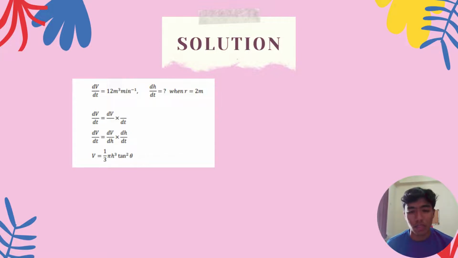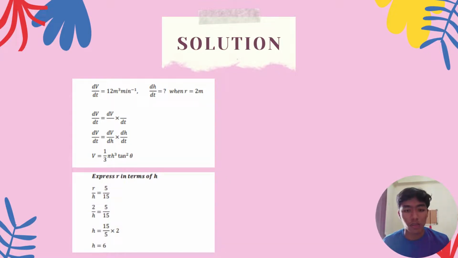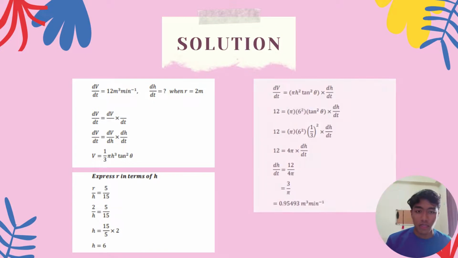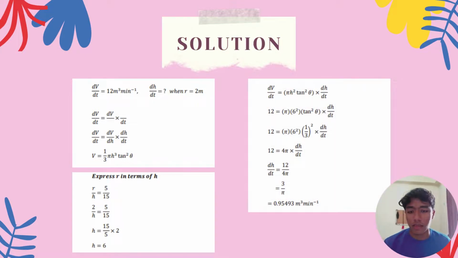After that, using the similar triangle constant formula, we got V is equal to 1/3 pi h cubed tan squared theta. Then, to get h, we express r in terms of h. And then we got h is equal to 6. Next, by differentiating V, we got dV/dh which is pi h squared tan squared theta, and we substitute it into the equation.